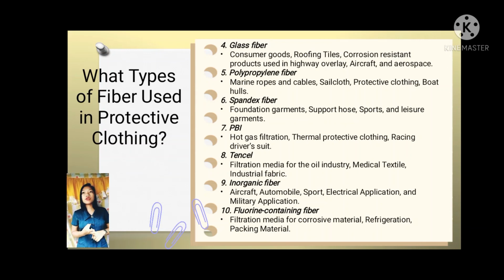PBI, it is used for hot gas filtration, racing driver suits. Inorganic fiber, it is used for aircraft, automobile, sport, electrical application. The last one is fluorine. It is used for fiber filtration media for corrosive material and packaging material.